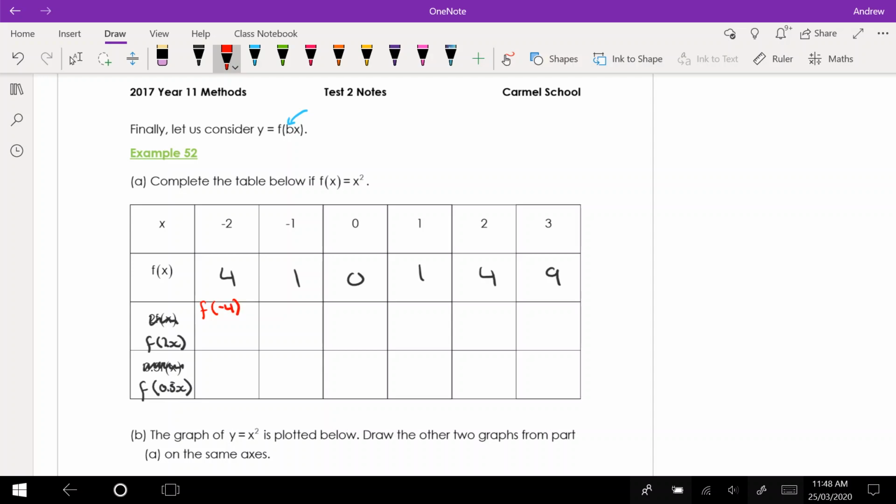The value of the function when x is negative 4, which is going to get me 16. Here, the value of the function when x is negative 1 is negative 2, because I'm timesing negative 1 by 2, times 2 by negative 1, gets me to the value of function 2, so 4. That's still going to be 0. That's going to be 4, 16, 36.